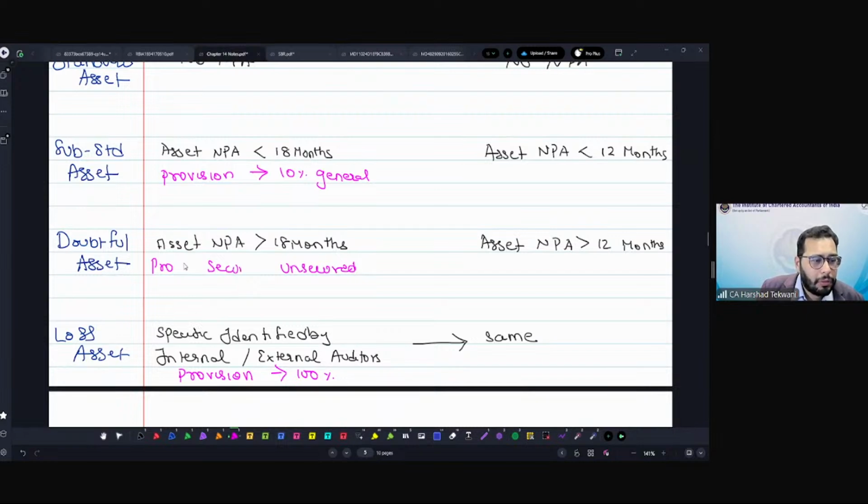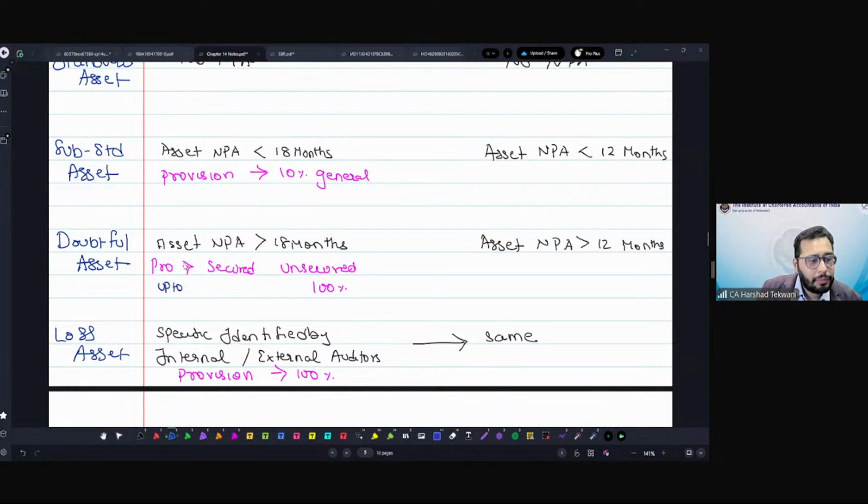Now when it comes to a doubtful asset, it is again divided with respect to the provision into two categories. One is secured and another is unsecured. Now, what is the requirement for secured and unsecured? If it is unsecured, I will go with 100% provision, no other option. But if it is secured, then there is a year-wise provision required.